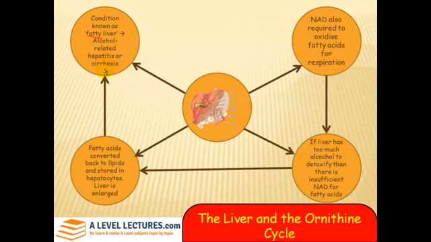This is all because taking in too much alcohol distracts NAD from what it should be doing, which is breaking down fatty acids. Fatty acids build up, they're stored as lipids, the liver becomes enlarged, and this is what's known as fatty liver, which results in alcohol-related hepatitis or cirrhosis. Okay, not good news.